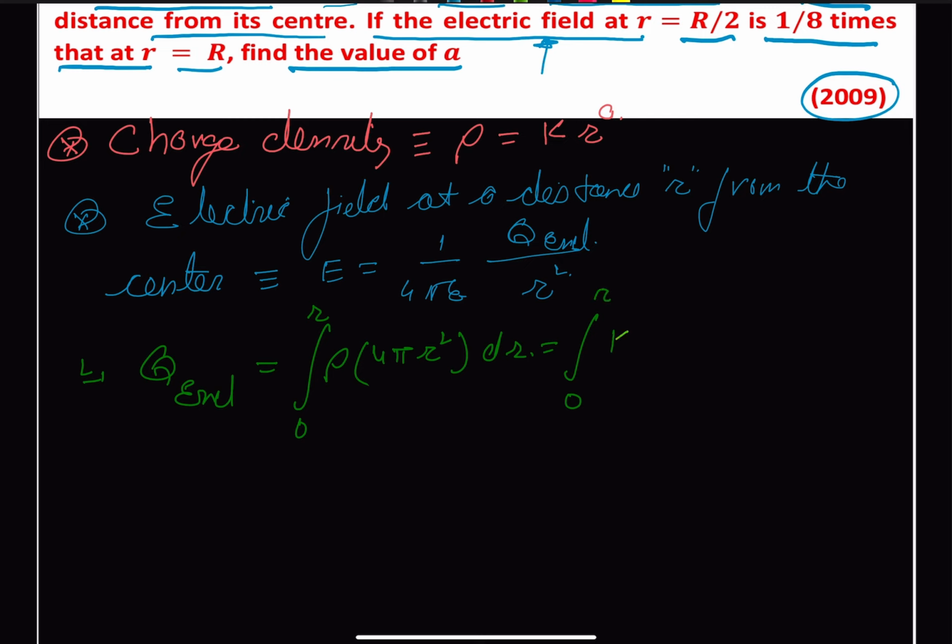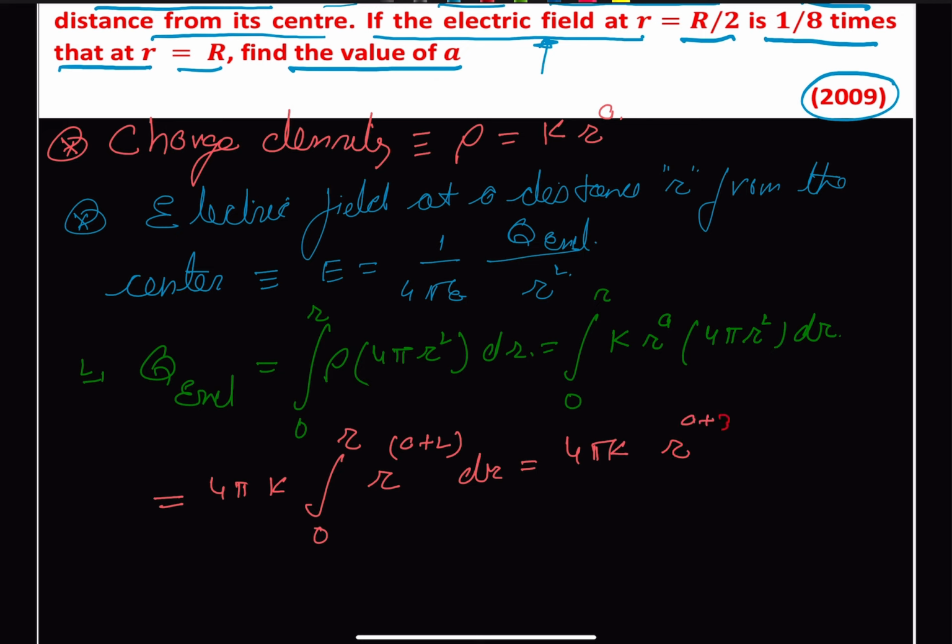Rho is k r raised to power a, and this is 4 pi r square and dr. So we can take constants out, so we get 4 pi k integral 0 to r, and this comes as r raised to power a plus 2 and dr. So this gives us 4 pi k, and we are left with r raised to power a plus 3 divided by a plus 3.